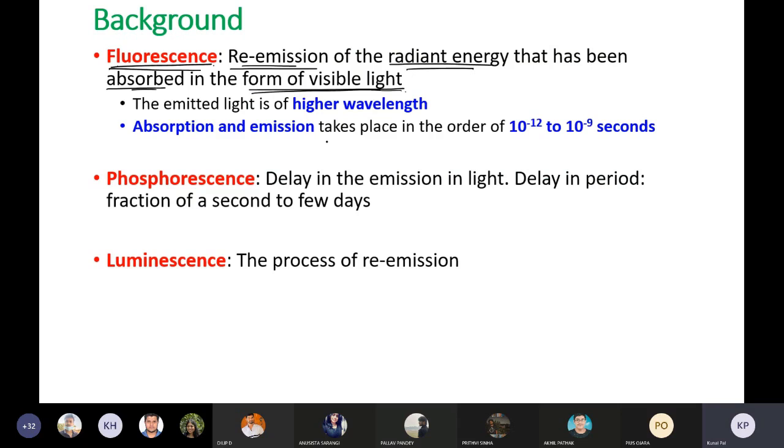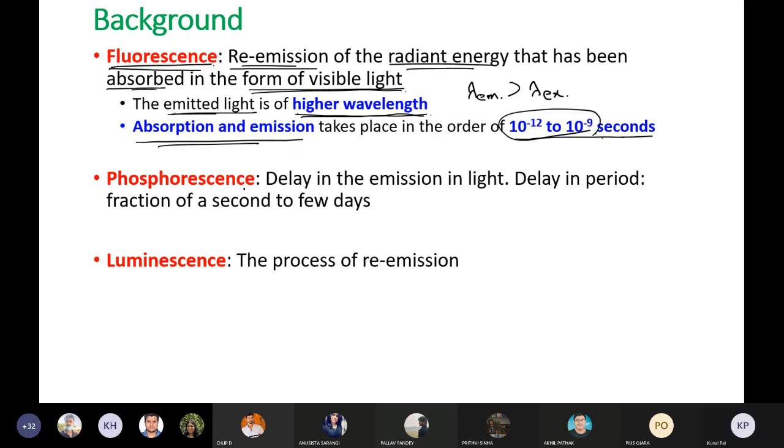The emitted light is of higher wavelength. I've already told you that lambda emission is greater than lambda excitation. So absorption and emission take place in the order of 10 to the power minus 12 to 10 to the power minus 9 seconds. So it happens pretty quickly.